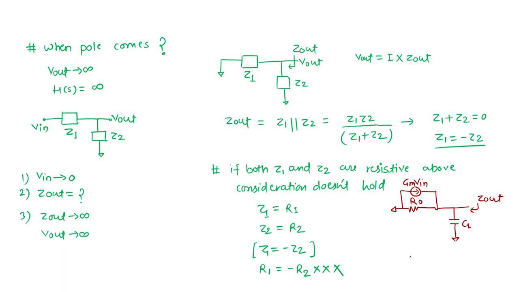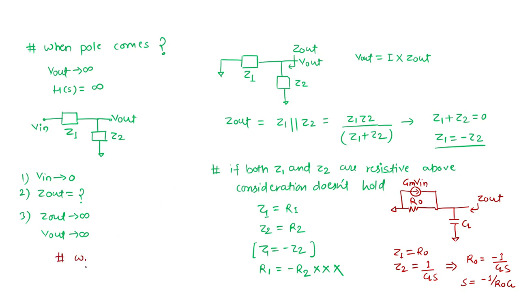So what is my Z1? My Z1 is nothing but R out, which is the output impedance of my current source, the GM cell, and Z2 is my 1 upon CL S. From this, we'll say that Z1 is equal to minus Z2. So from here, I have S equal to minus 1 upon R naught CL, which we have seen here. So what is the pole?